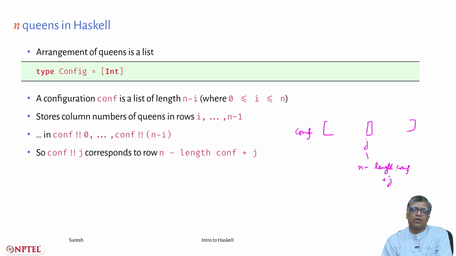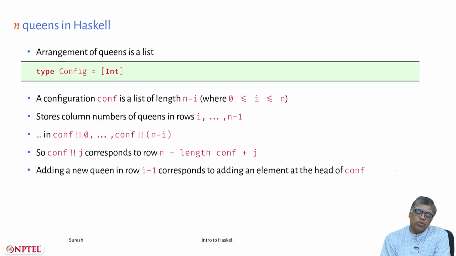This you can work out from the slides. So adding a new queen in row i minus 1 corresponds to adding an element at the head of conf, okay. So you want to add an element at the head of conf.